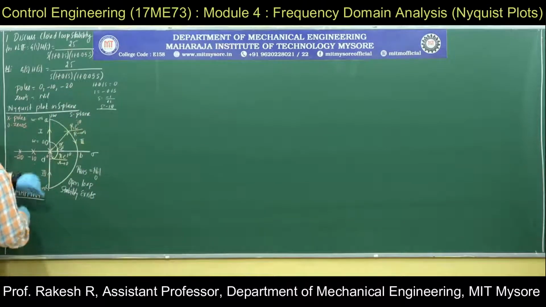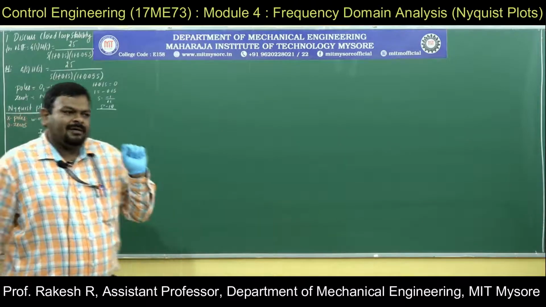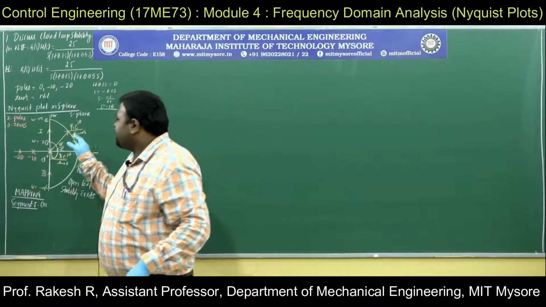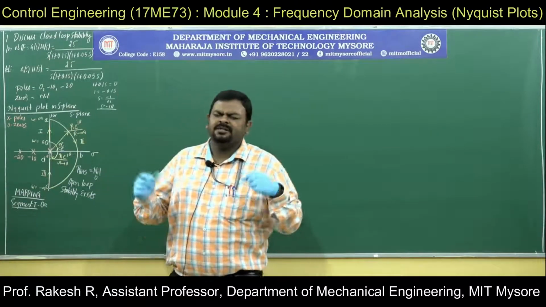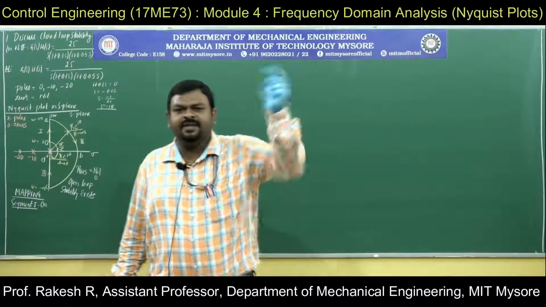First I will be considering segment 1. What is segment 1? Segment 1 is OA. OA is the plot; in other words, it is a Nyquist plot, or just a contour, or just a polar plot of omega varying from 0 to infinity.